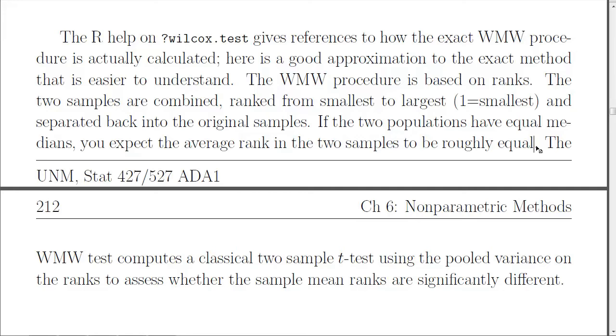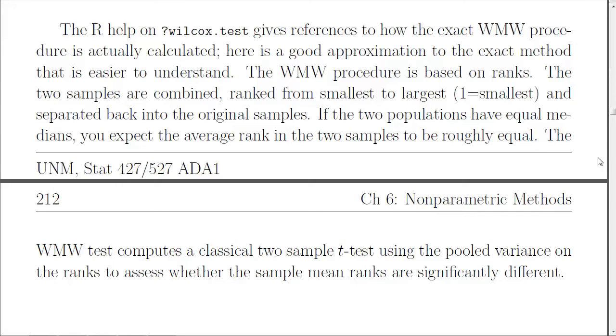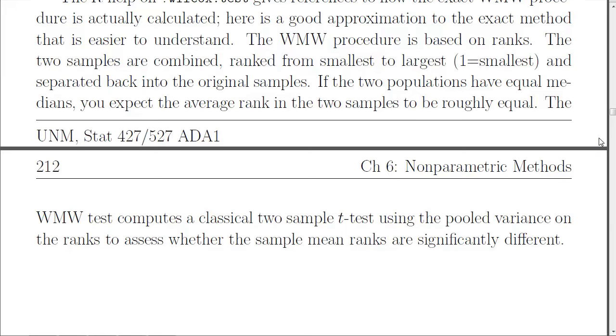Effectively, the values from sample 1 and sample 2 should be roughly interleaved, almost like a good shuffling of a deck of cards, where because they've got the same distribution and the same median, they should have the same location overall. So all the quantiles or ranks should match up between the two distributions. Then we perform calculations to assess how similar the average ranks are between the two distributions.